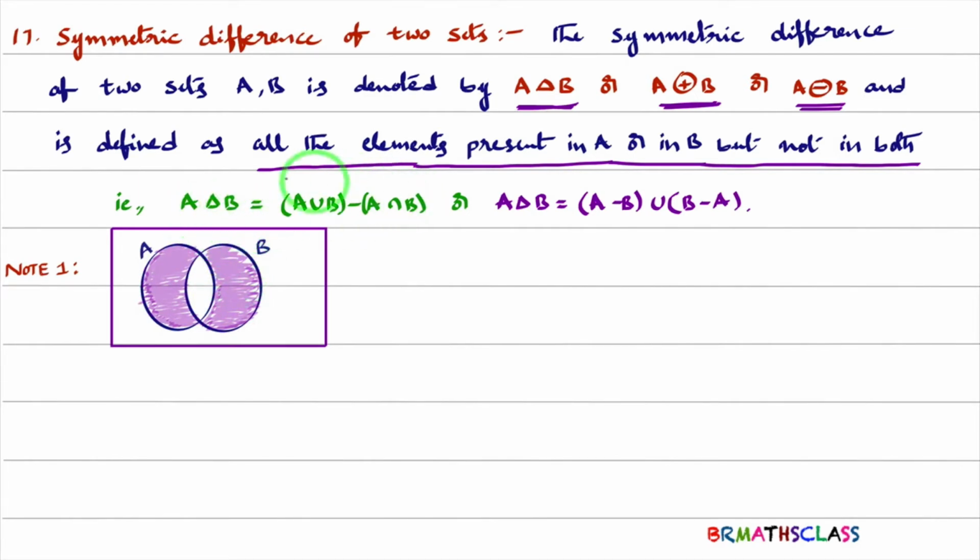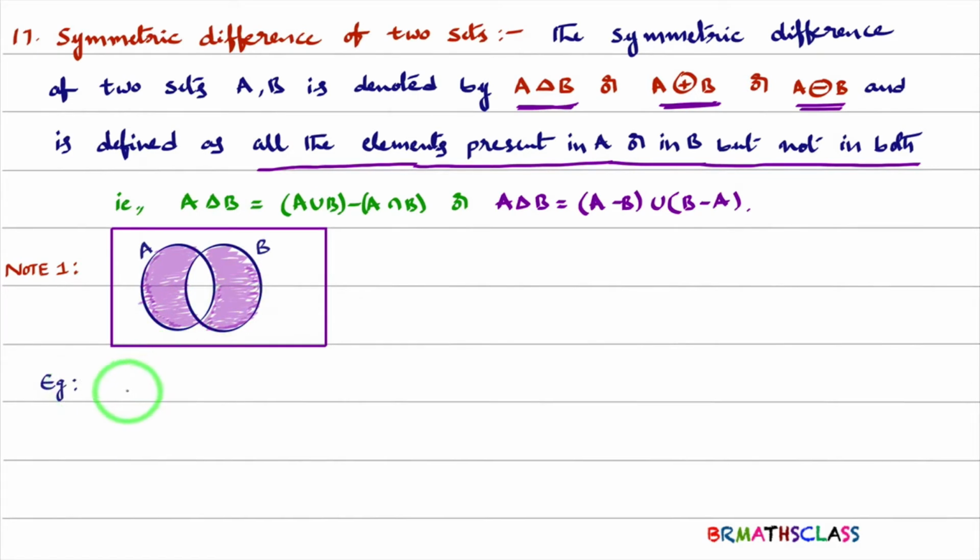Here the symmetric difference is defined like this also. A minus B, we just learned, is this shaded region, and this shaded region is B minus A. When we take their union, then also we get the symmetric difference of two sets. So in this Venn diagram, the shaded part is the symmetric difference between two sets, right?